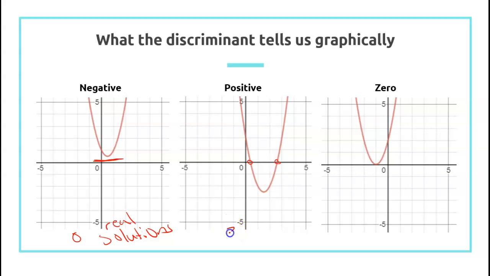We have 2 real solutions to this quadratic equation. And if our discriminant is equal to 0, we touch in just a single place, so we will have 1 real solution. So this is what the discriminant can tell us graphically.